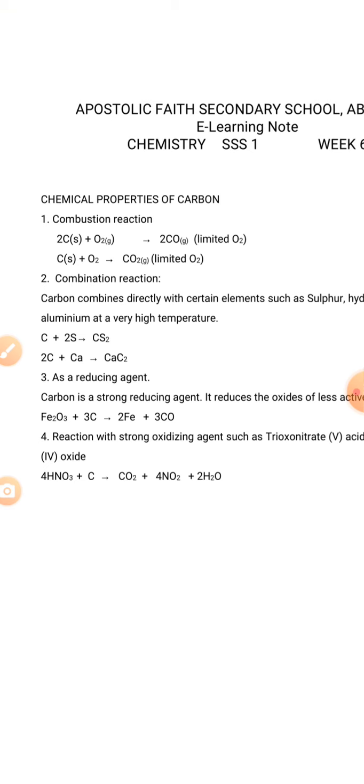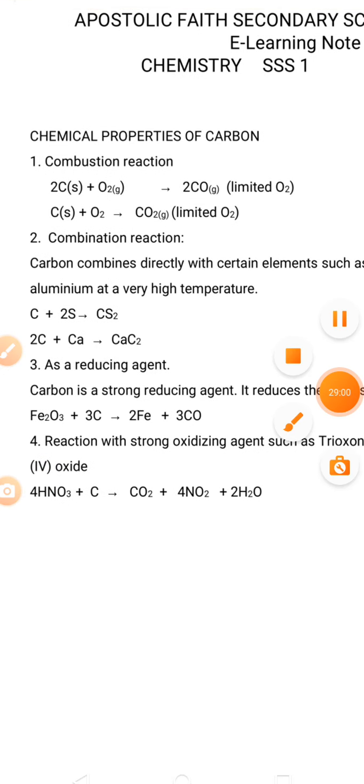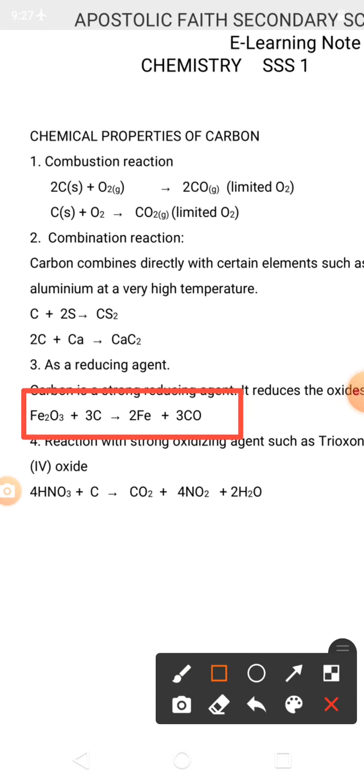Carbon is a reducing agent. It will reduce another compound, while itself will increase. In this equation here, carbon is reducing Fe2O3. How many oxygen atoms do you have with Fe there?